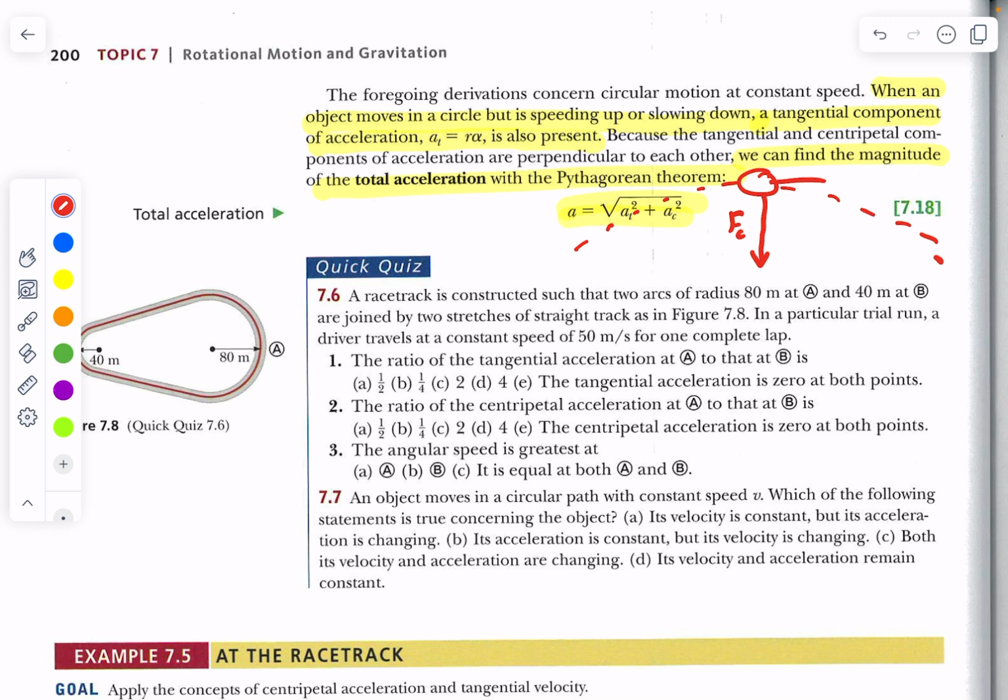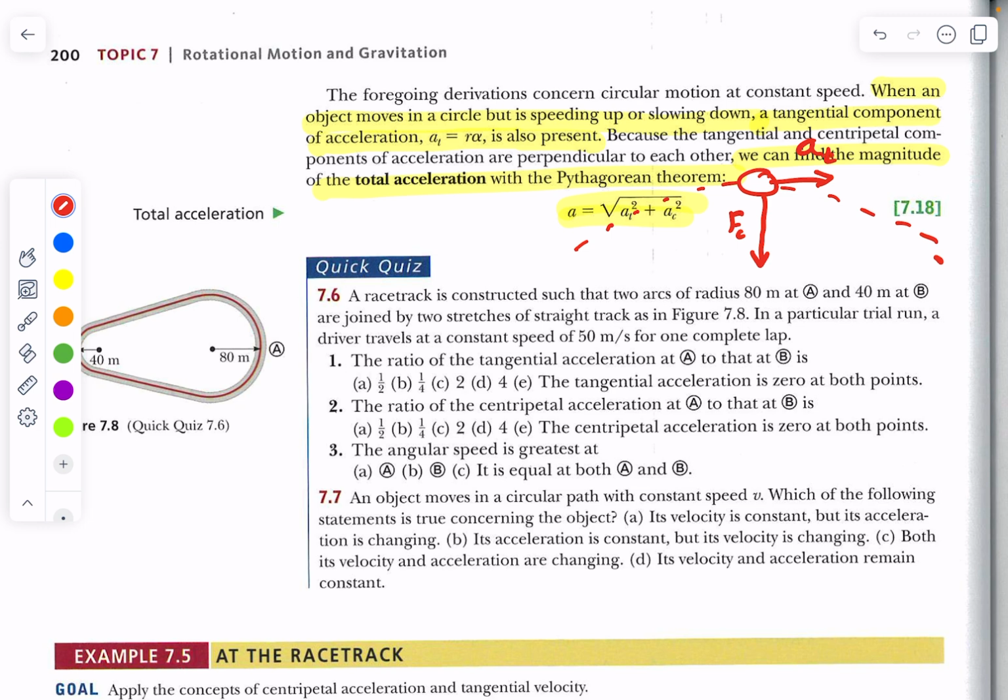Its tangential velocity would be tangent to the circle, and so when we talk about acceleration, this would be my tangential acceleration, because forces are mass times acceleration. We can ignore the mass here, and so this would be a_t.